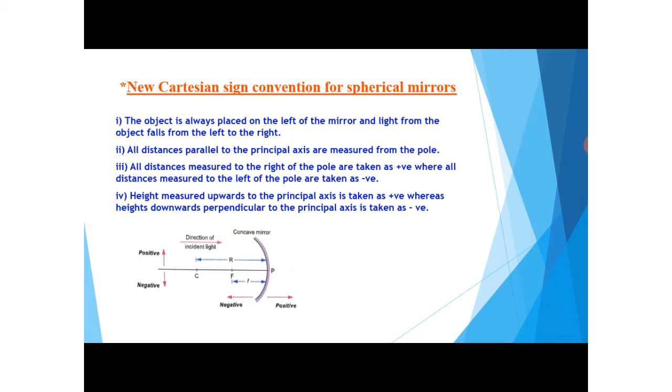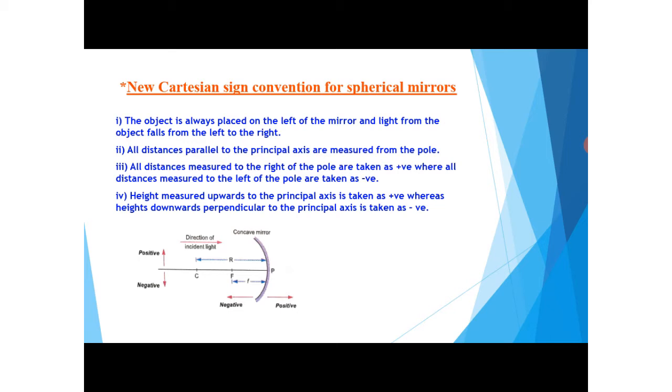In the case of a concave mirror, only one case gives a positive image distance, and that is when the object is placed between the principal focus and the pole of the mirror. So this is the discussion about the distances. Now in the figure, the height of the object above the principal axis is taken as positive and the height below the principal axis is taken as negative.